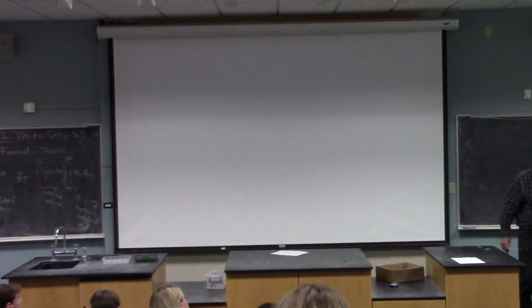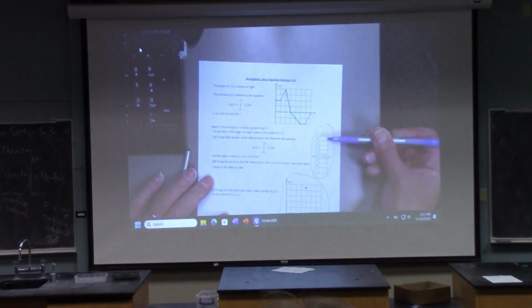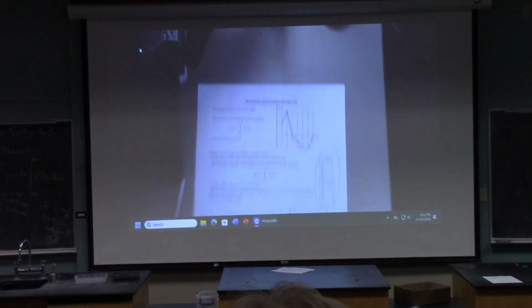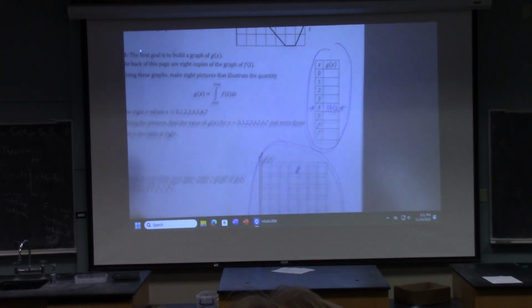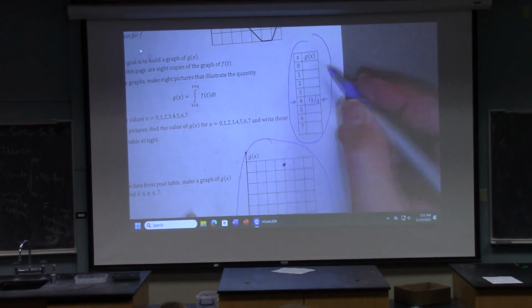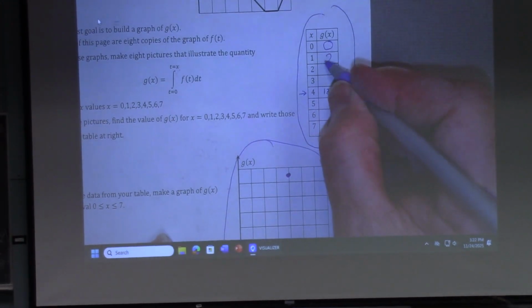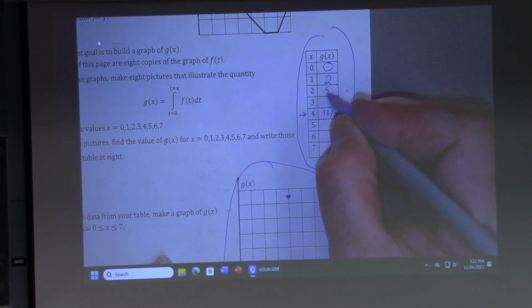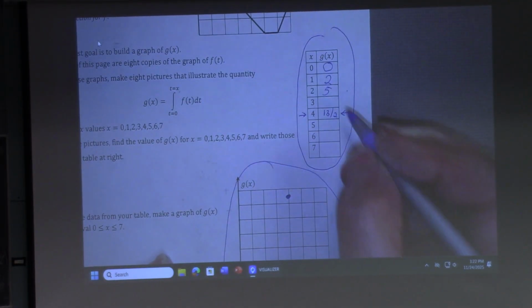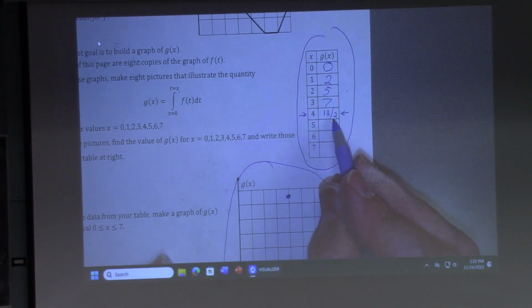Anybody want to call out the numbers that go in these cells? Like for instance, when x is 0, what's the value of g? 0. How about when x is 1? When x is 2? 5. When x is 3? 7. We already did 13/2 when x is 4.